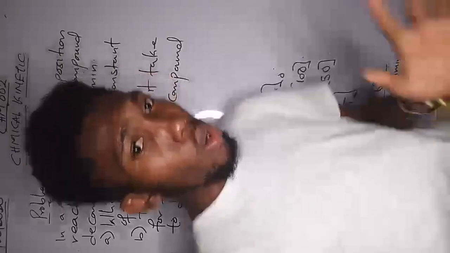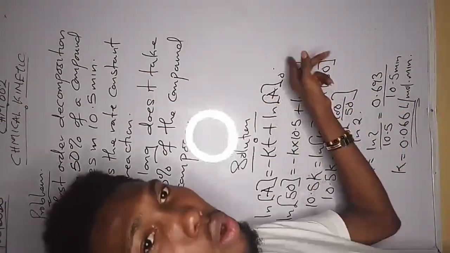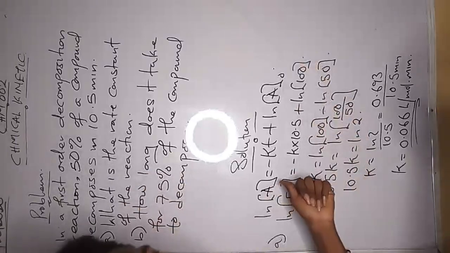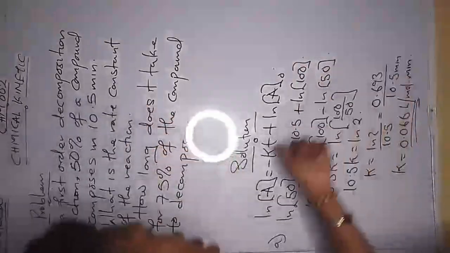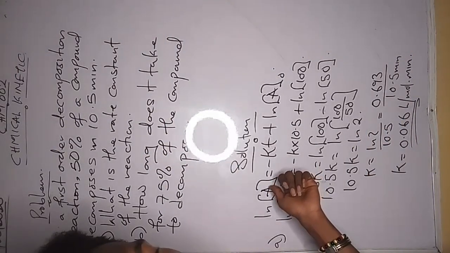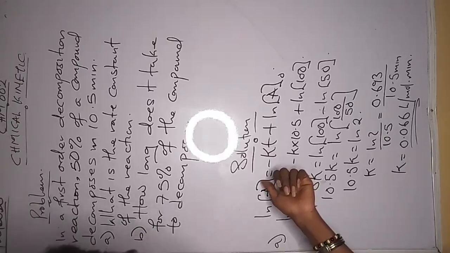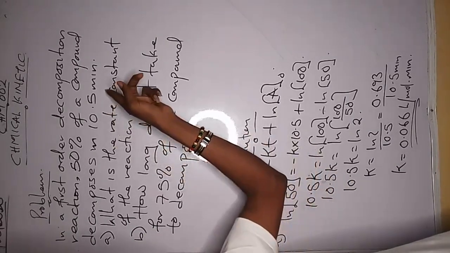Since 50% decomposed, it means that initially they were 100%. A naught stands for our initial amount, so we're just saying initially they were 100. But since 50% has decomposed, how many will be remaining? 50 will be left. And this place here talks about our final amount, the residue, meaning 50% was left. And they give us our time, which is 10.5 minutes.